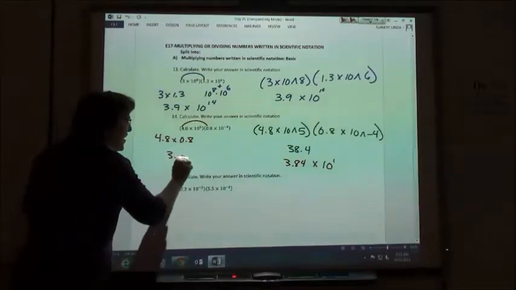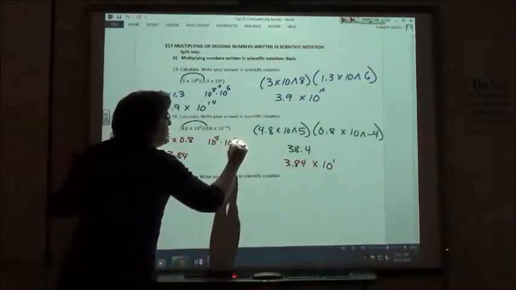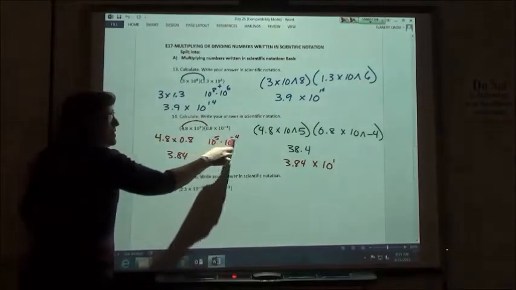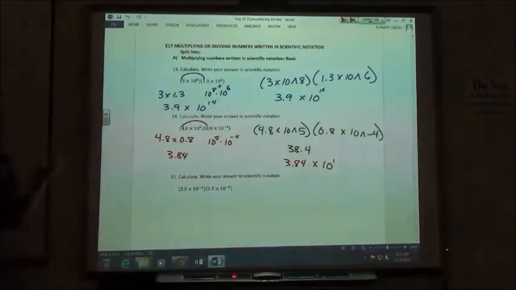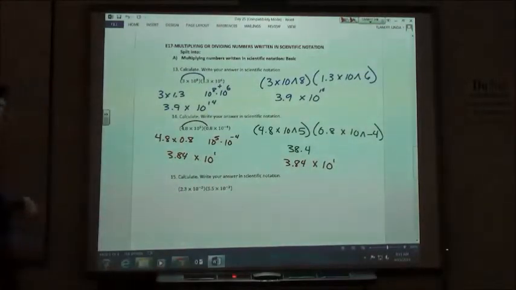There's our 3.84. And then if I have 10 to the 5th times 10 to the negative 4, my rule is to add those exponents. So 5 plus negative 4 gives me the 10 to the 1st power. So either way I get the same answer.